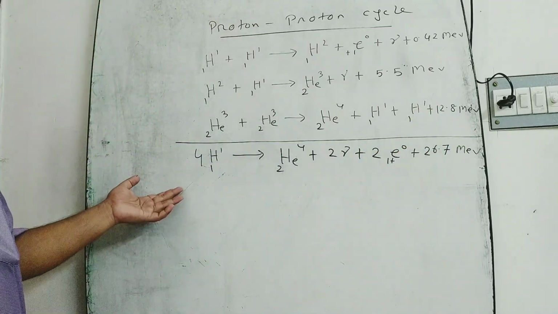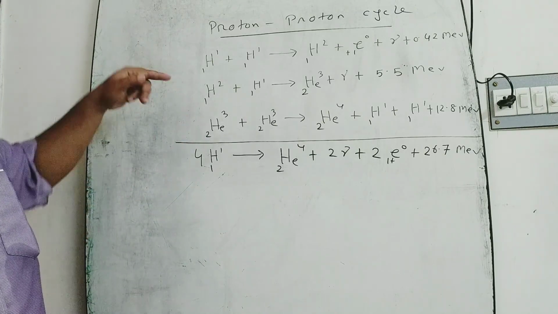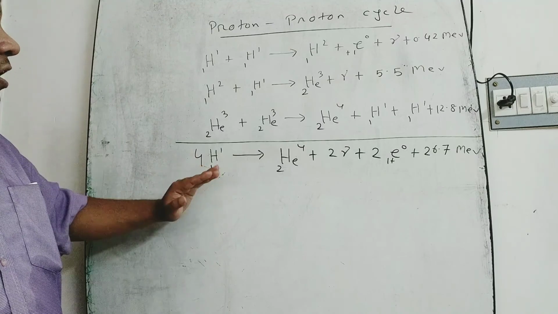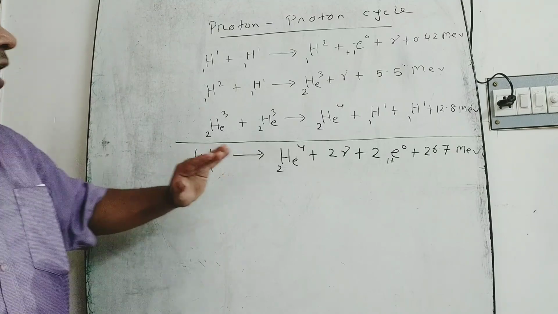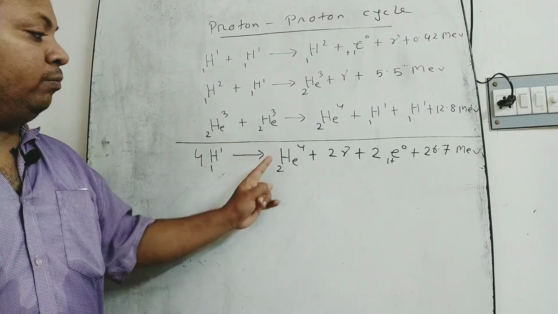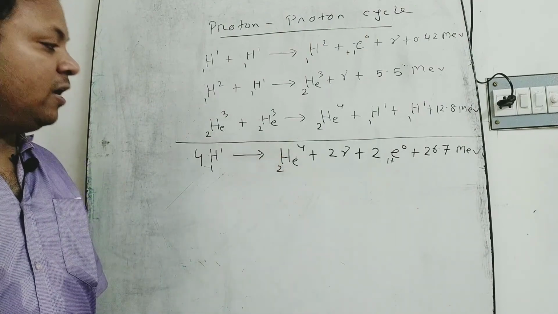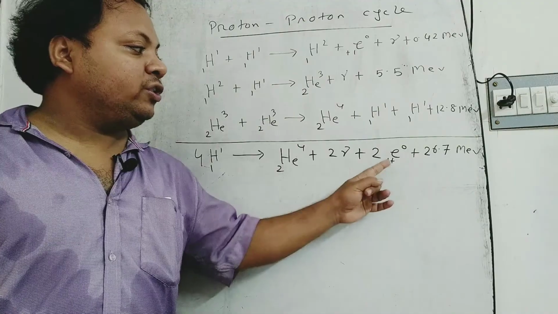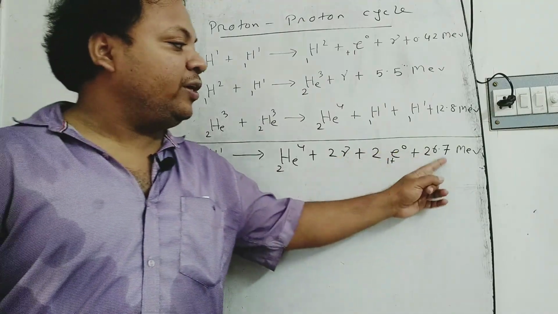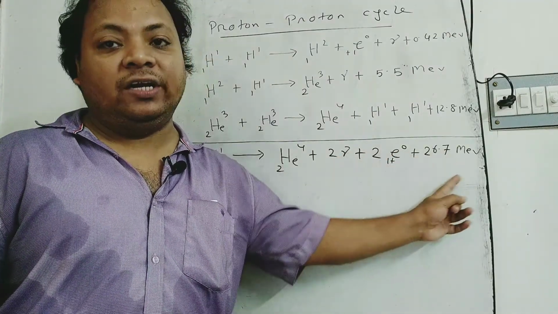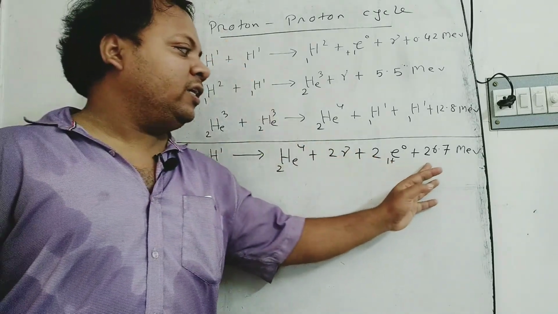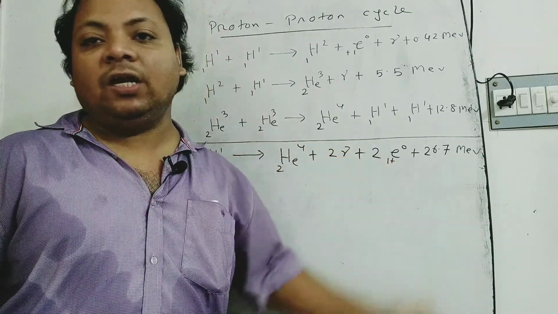Therefore, this cycle gives that 4 protium react with each other and give 1 nucleus of helium, that is helium-4, 2 neutrinos, 2 positrons and 26.7 mega electron volt energy. That is, from the proton-proton cycle we get 26.7 mega electron volt energy.